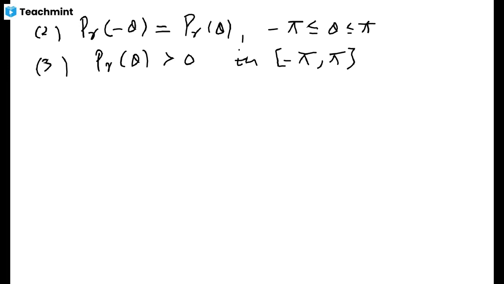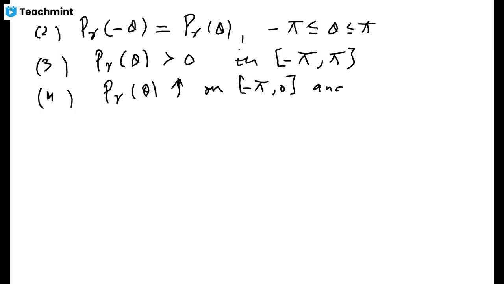As a function of theta, for fixed r, it is increasing on minus pi to 0, and decreasing on 0 less than or equal to theta less than or equal to pi.